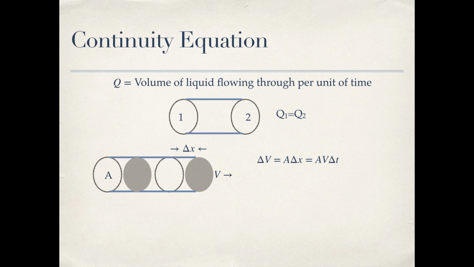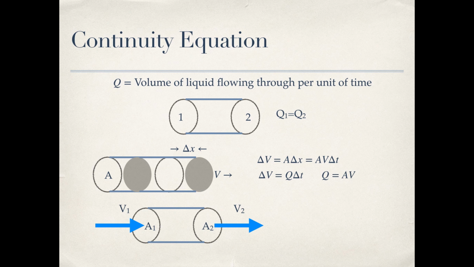But if the fluid moves with the velocity v, then this distance covered, delta x, is equal to the velocity of the liquid times the lapse of time, delta t. And therefore, the amount of liquid which moves by this distance is just Q, our quantity, times the delta t. All right?